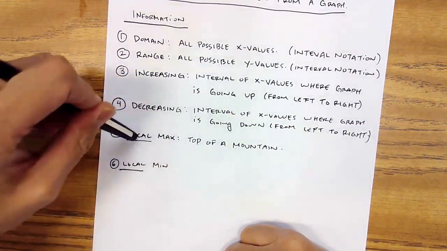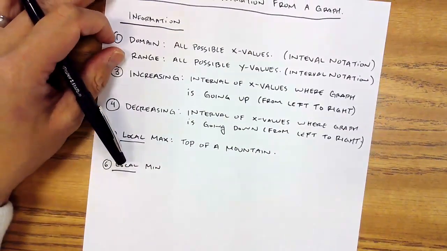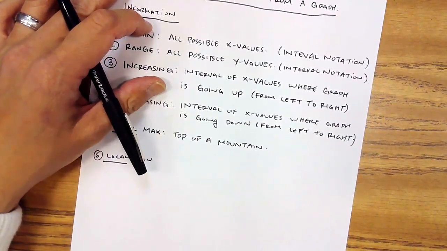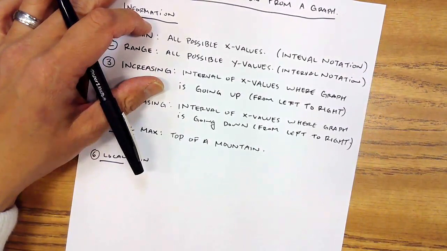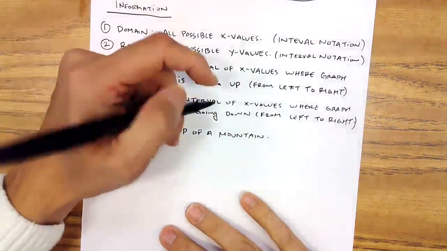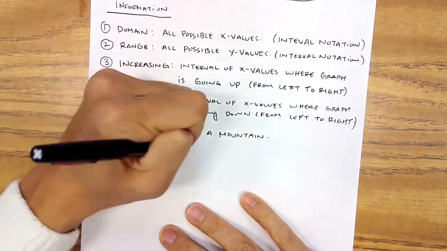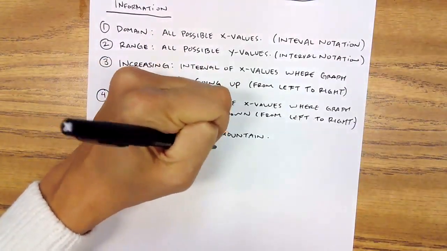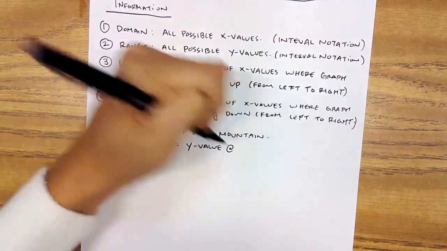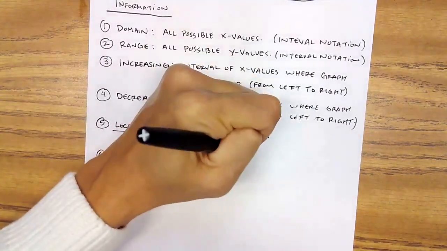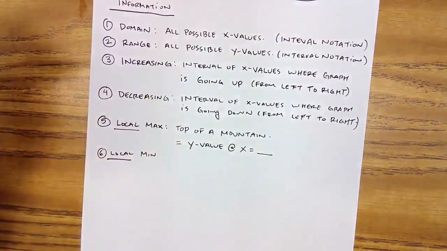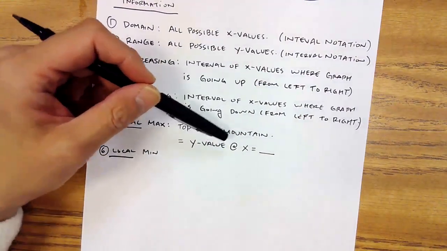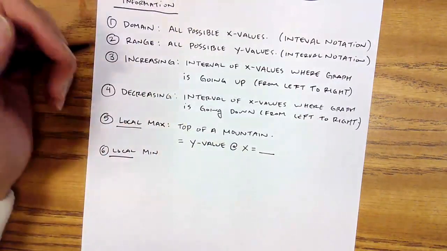And how we find the local max, or how we represent that, is the local max is equal to y value at the x value equals blank. Okay, it's going to be like that. Y value at x equals blank.